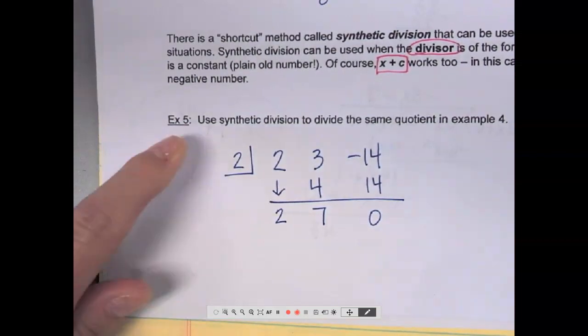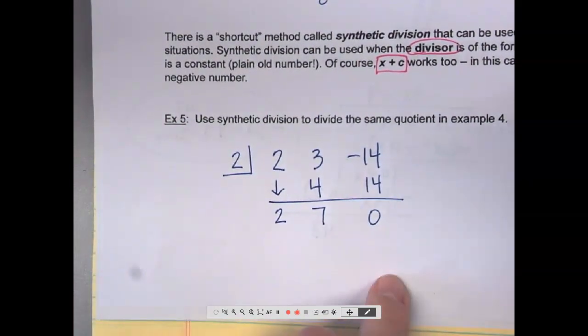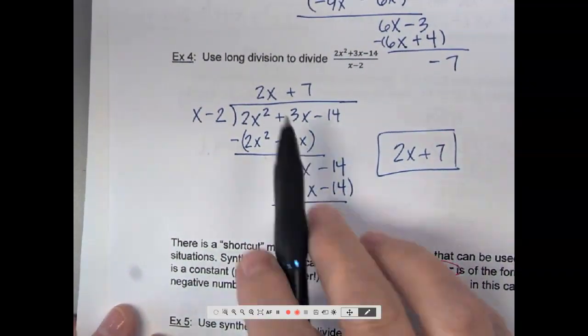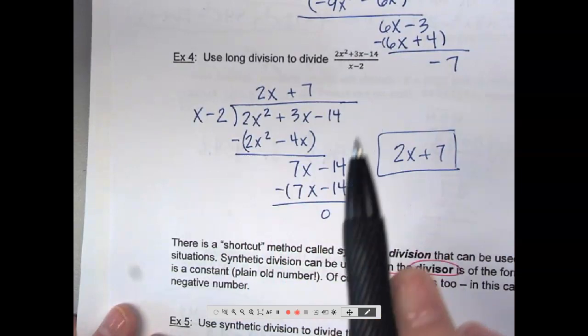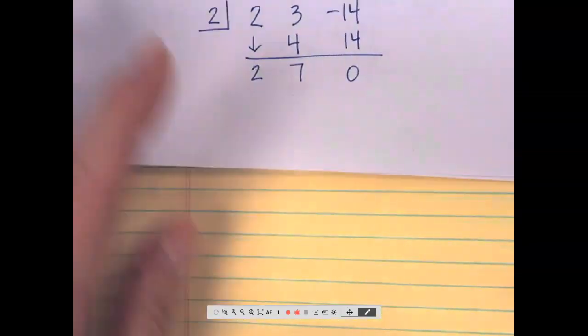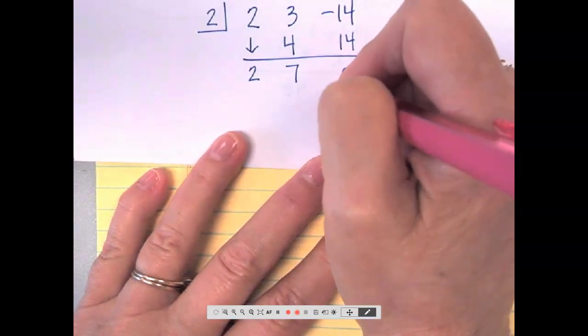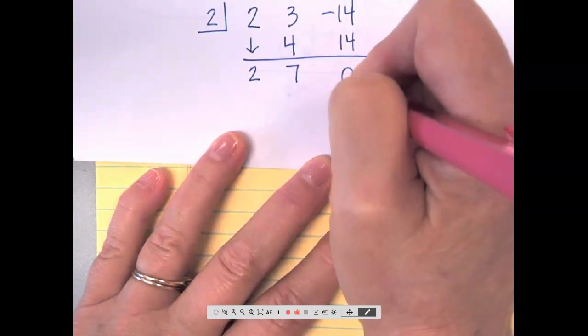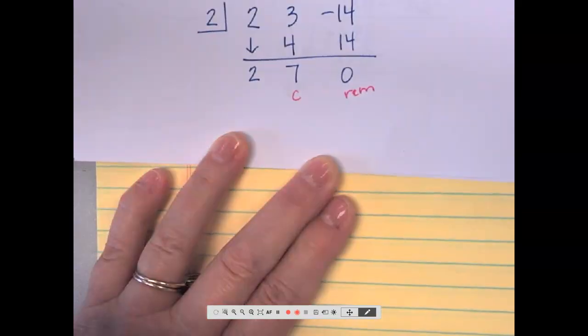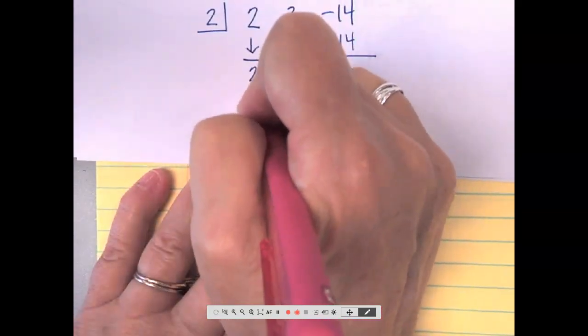Now, what is the significance of 2, 7, and 0 in this problem? 2 is the x coefficient, 7 is the constant, and 0 is the remainder. It's your little coded answer. This is always the remainder. This is your constant, and that would be my x coefficient.